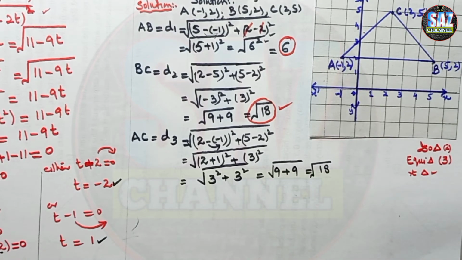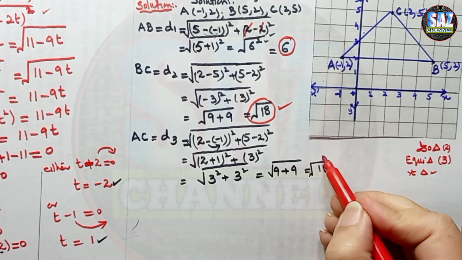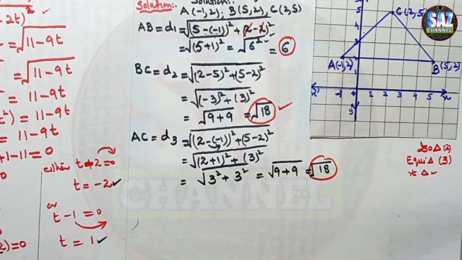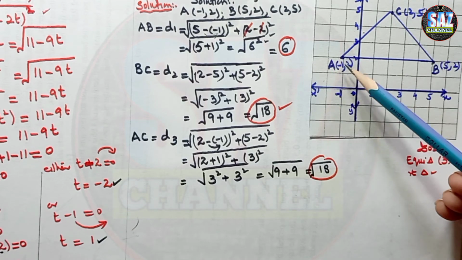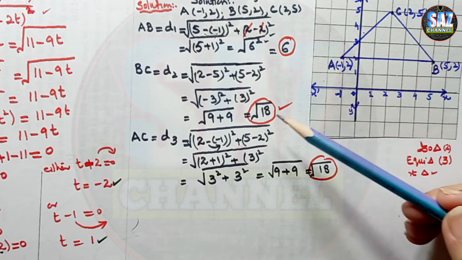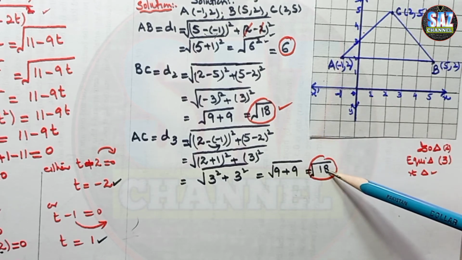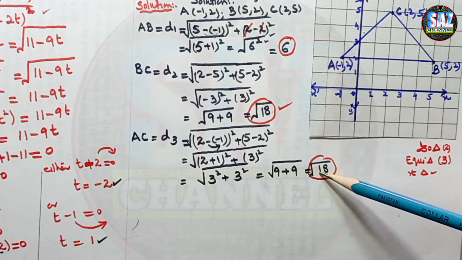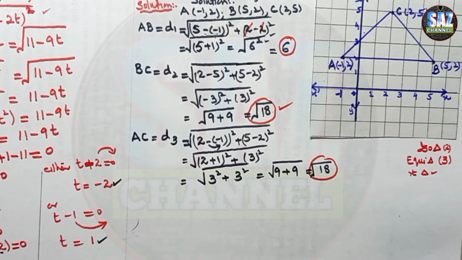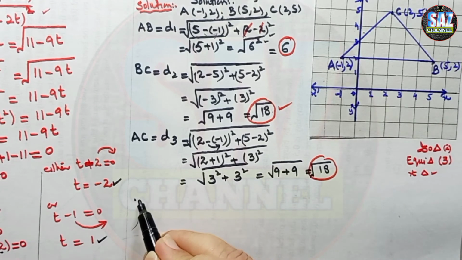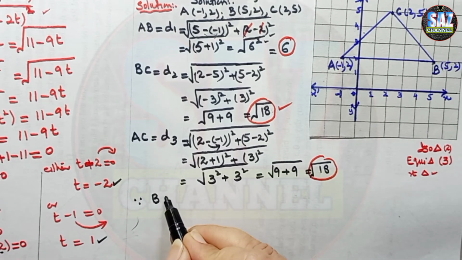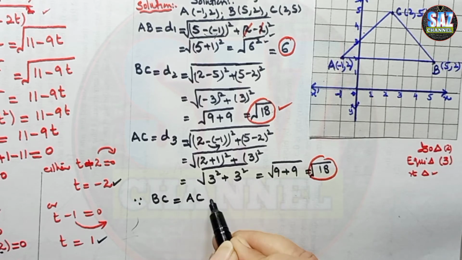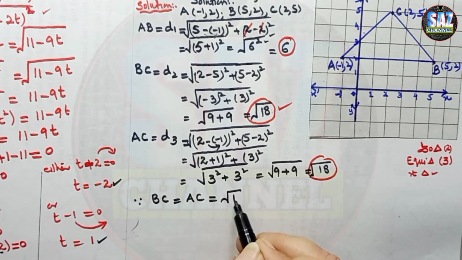Now let me first block this answer, and then I have to decide what type of triangle this is. If we look at all the answers, AB is 6 centimeter, B to C is square root 18, and A to C is also square root 18. As the two sides of the triangle are equal, the triangle will be an isosceles triangle, because BC distance equals AC distance equals square root 18.